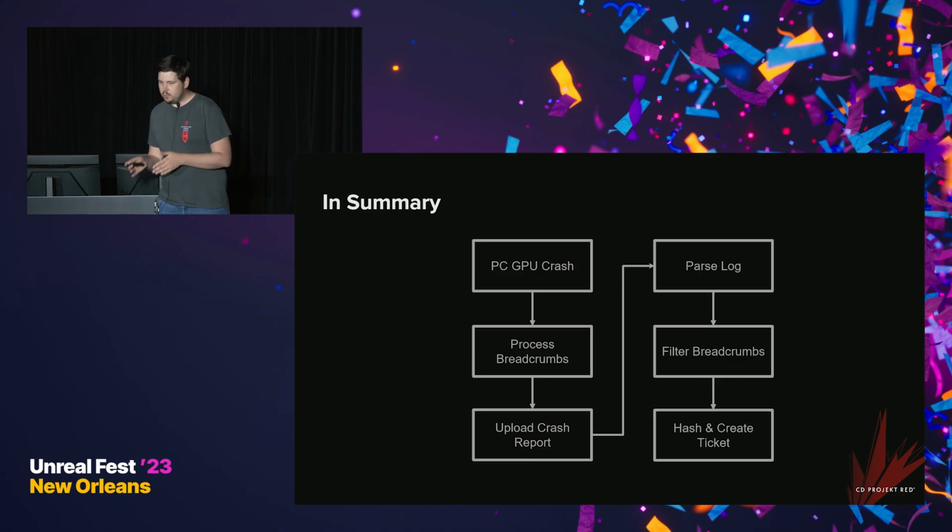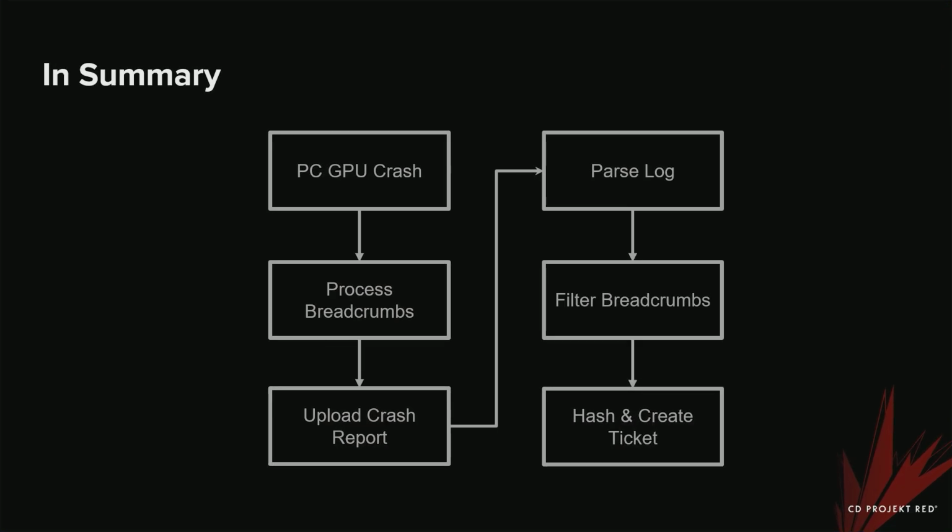Then on the backend, we have a script that parses this log, filters out the breadcrumbs, hashes them, and creates a ticket. We don't use page fault information to hash our breadcrumbs because unfortunately they are not available. We could, however, add this if we use Dread or Nvidia Aftermath or Radeon GPU Detective.